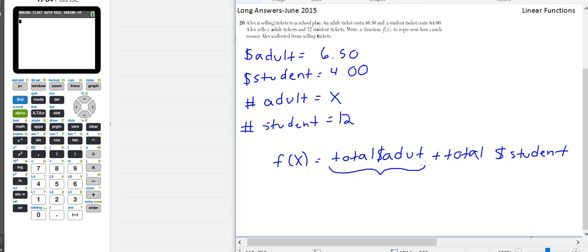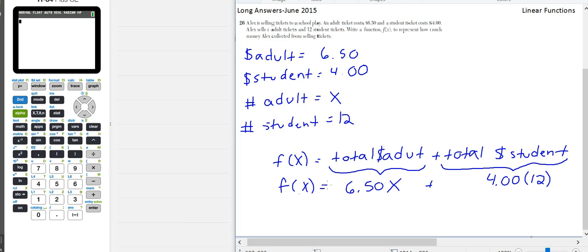He gets the cost per adult ticket, which is $6.50, times the number of tickets that he sells, which is x. Plus, he also gets the total dollar amount for student tickets, which is the cost of a student ticket, $4, times the amount that he sells, and he sells 12. So f of x is equal to 6.50x plus 4 times 12.